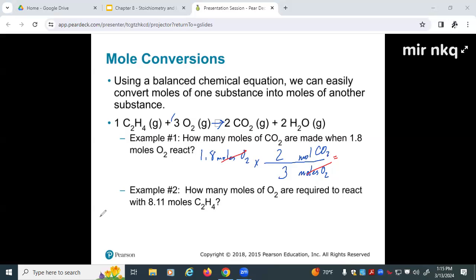Multiply across the top, divide across the bottom. 1.8 multiplied by 2, divided by 3. And we get 1.2 moles of carbon dioxide.